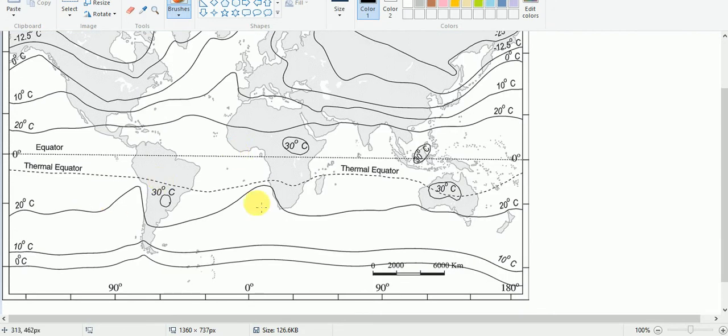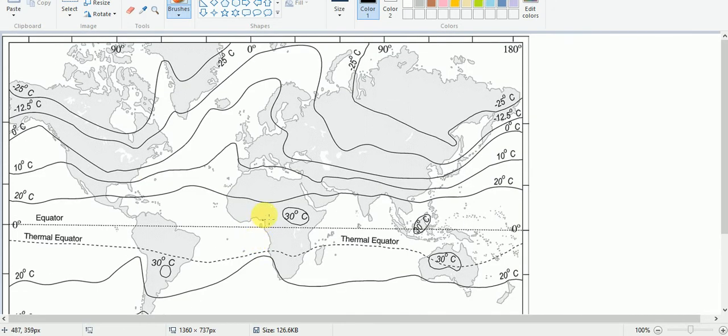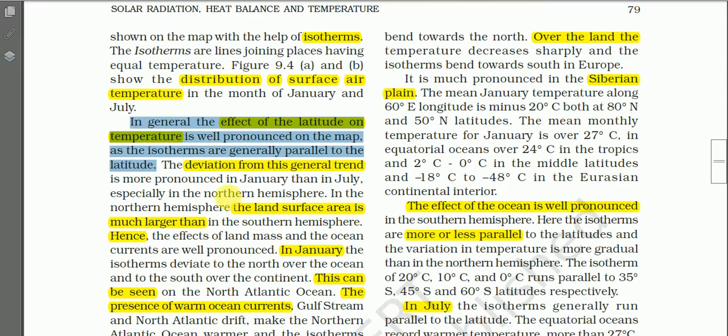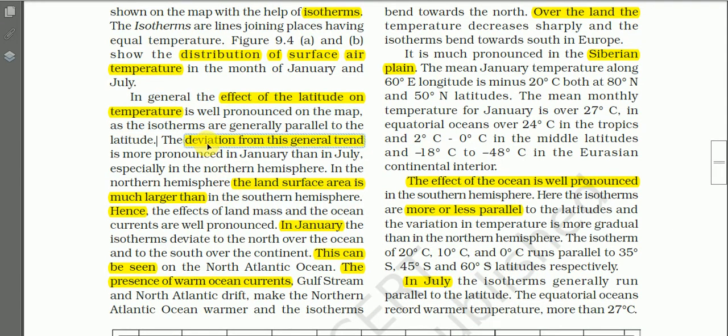When we see this map, we find that these isotherms are roughly, almost parallel with these latitudes. These are the values of latitudes. This is the equator. The deviation from this general trend is more pronounced in January than in July.